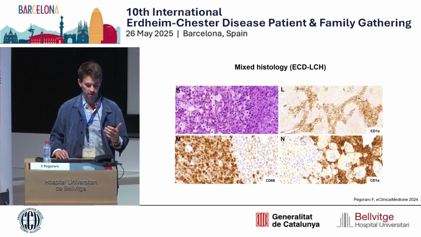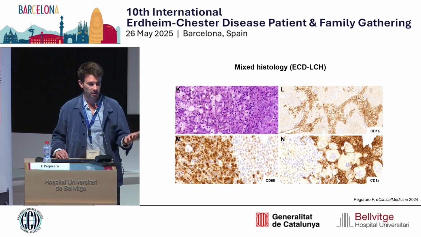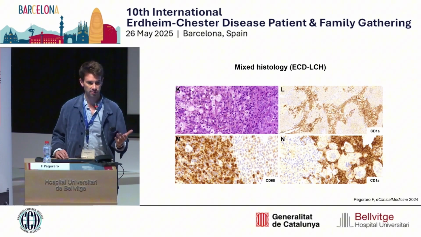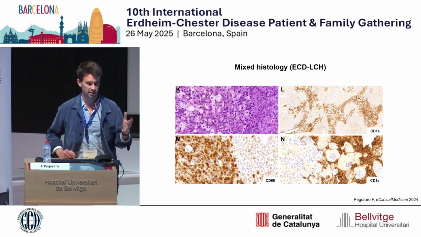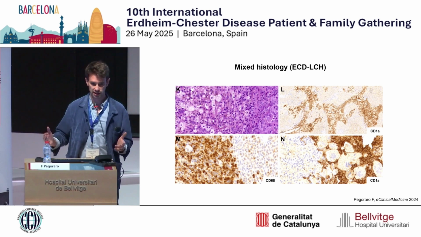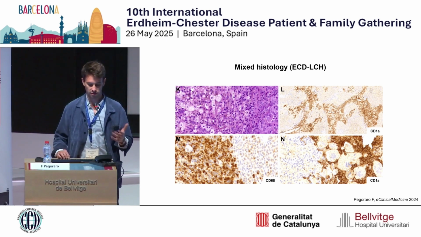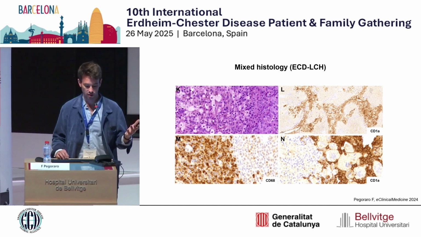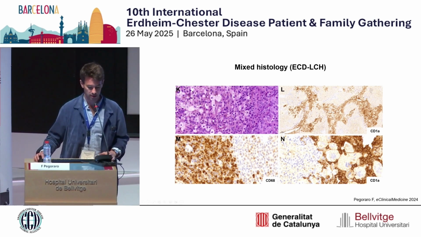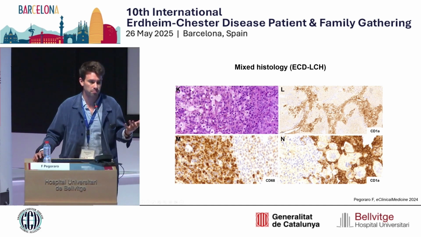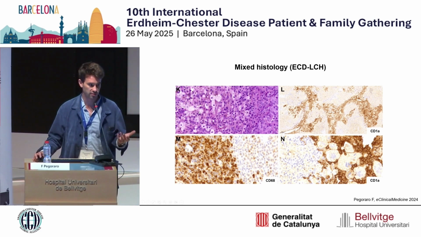So as I said, pathology overlapping. This means that in the same biopsy, we can have a part of the biopsy which is clearly ECD and a part of the biopsy that is clearly another disease, for example LCH. Here you can see, for example, that this left part of the biopsy is the pathognomonic, the typical definition of ECD.